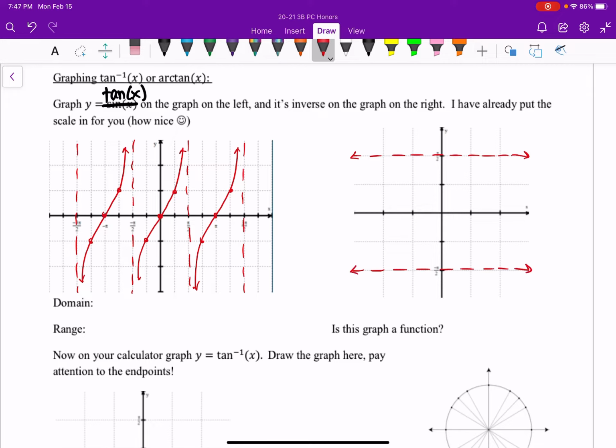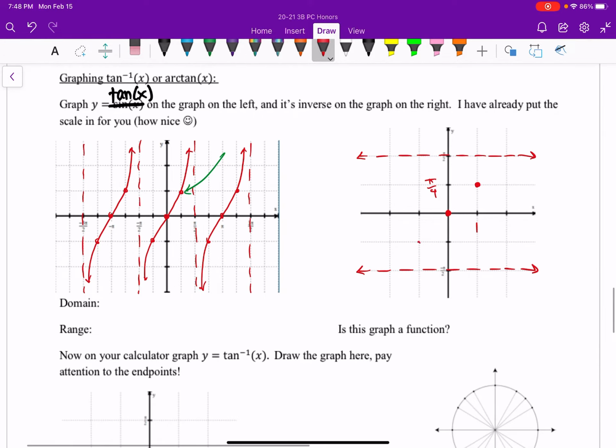And I'll flip my points. So (0, 0) stays the same. But this guy, (pi over 4, 1), is now (1, pi over 4). So it goes up here. And then we have our opposite on the other side, (-1, -pi over 4).